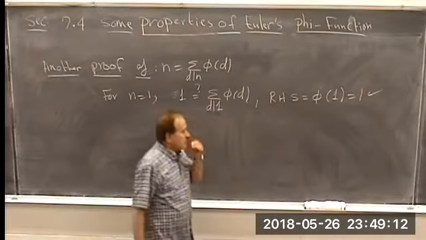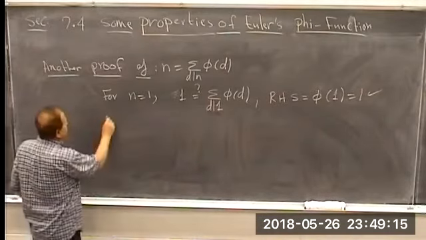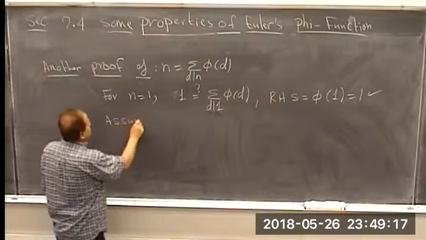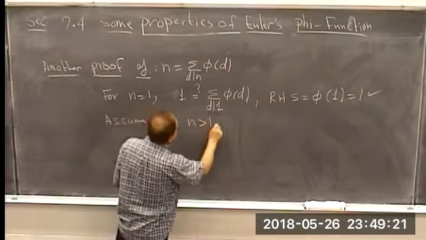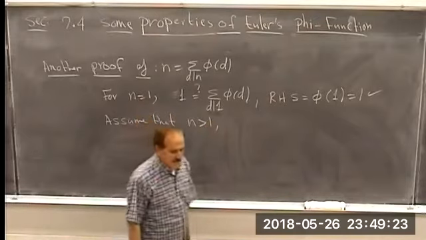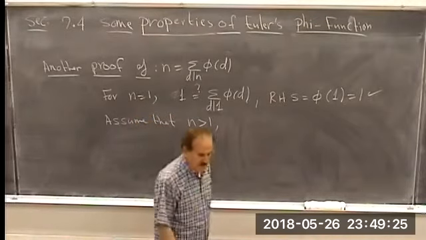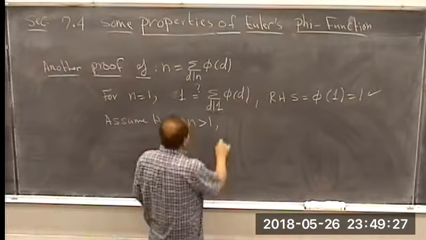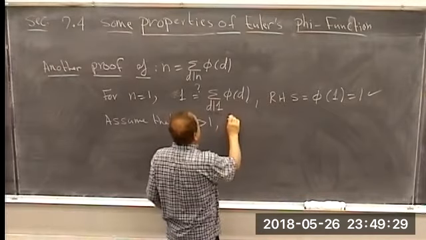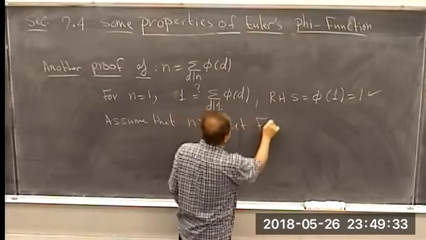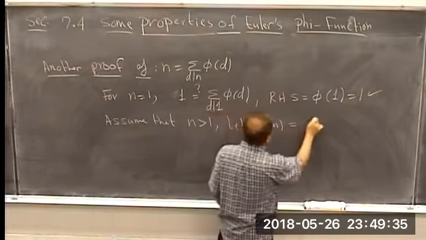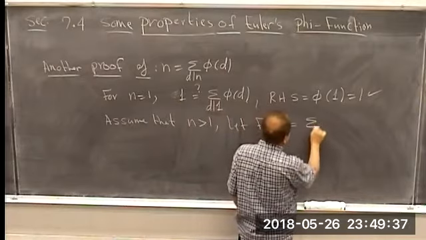So I'm going to assume that n is bigger than 1, and we're going to take the prime factorization. One other thing: we're going to let f of n equal this sum.